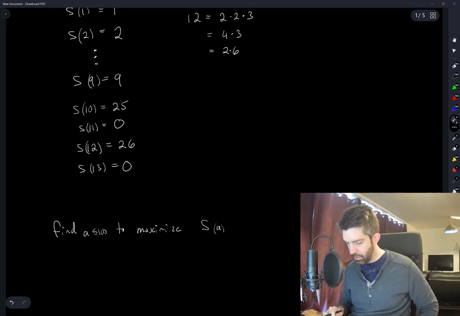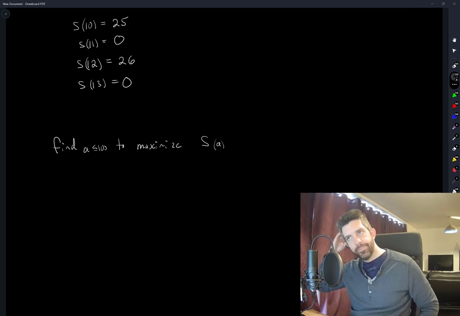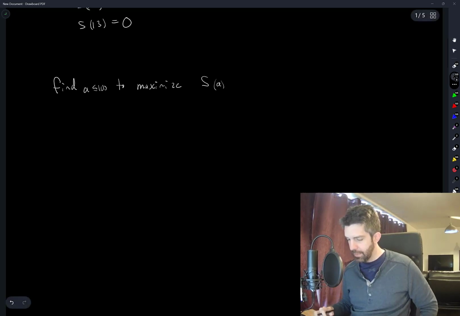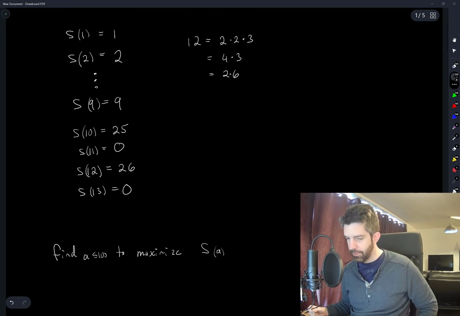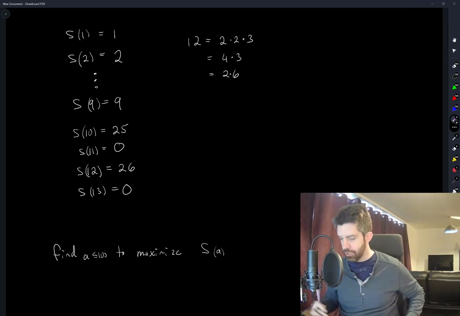Yeah, we can eliminate all the primes, certainly. What might be one possible way of trying to solve this is to come up with a candidate for what s of a is and try and back out what the value of a could possibly be. So this is sort of like thinking about what is the range of this function s.